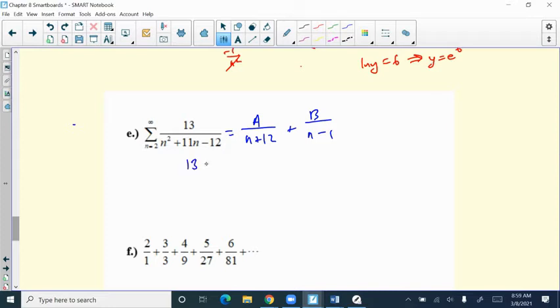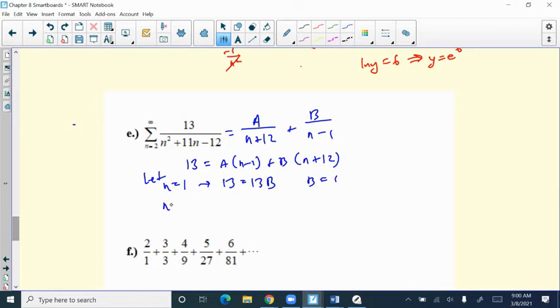So 13 equals A times (n minus 1) plus B times (n plus 12). Choosing smart values of n, if you remember this from partial fractions, let n equal 1. That tells me 13 is equal to B times (1 plus 12), which is 13B. It works out nice. B is 1.